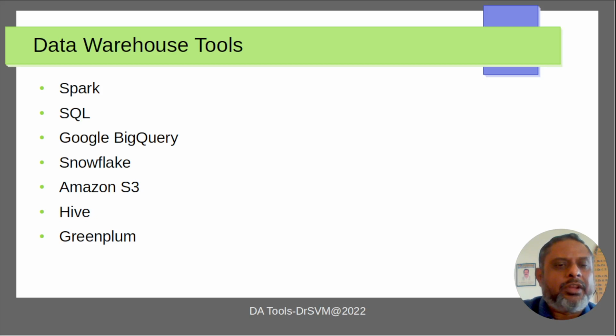There are many more available, but the most commonly used in data analytics and machine learning are these. We'll look at overviews of these tools, so it gives an overall picture of what all is possible. So that's it for now.